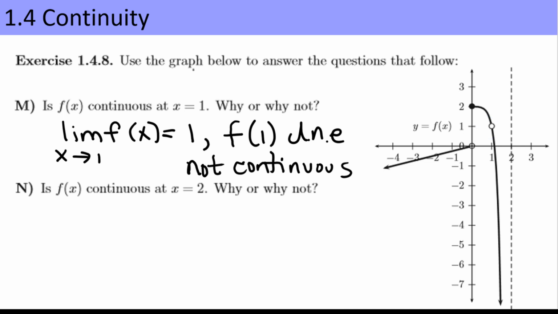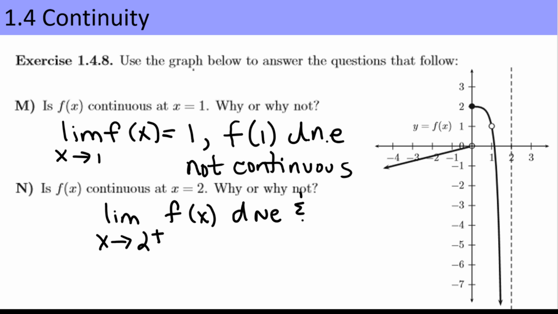And let's do N. Is the function continuous at x equals 2? The answer would be no. First, you can view that graphically. There is a vertical asymptote. In algebra, that would be sufficient. In calculus, we would say that the limit as x approaches 2 from the right of f of x does not exist.